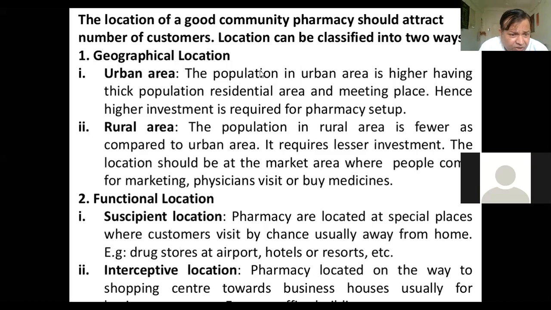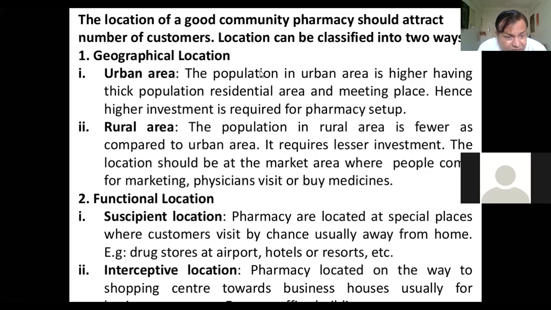Now, second is functional location, that is, suspicious location. The pharmacy is located at a special place where customers visit by chance, usually away from home. Examples: a drug store at an airport, in big five-star hotels, resorts, railway stations, and bus stands.